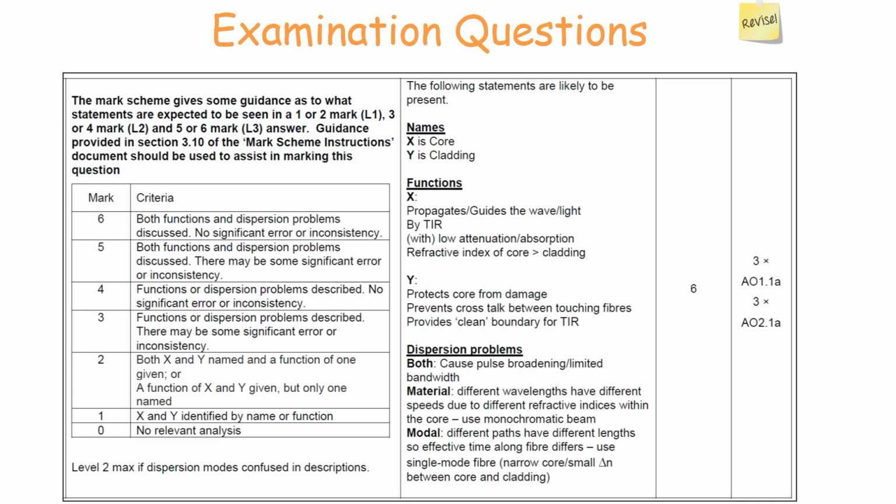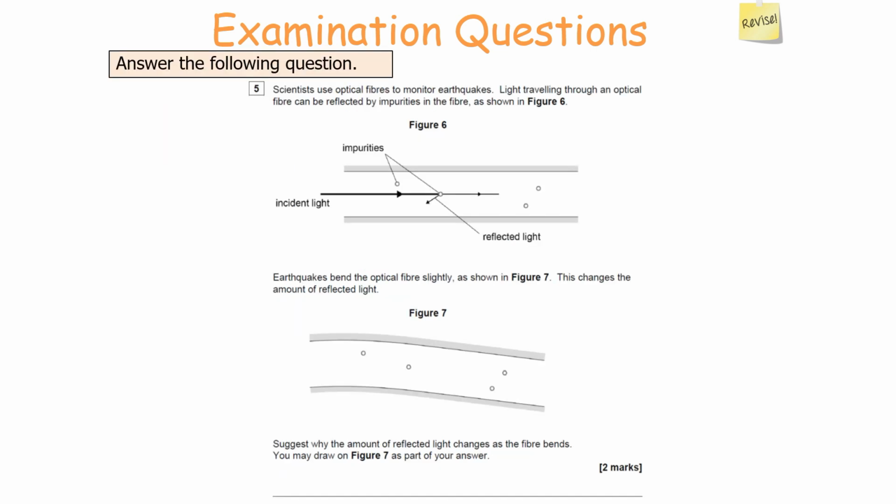So the idea is to only allow a single mode fibre, only allow one possible pathway for the wave to totally internally reflect through. So that can be done by either having a narrow core, having a small refractive index difference between the core and the cladding, which would lead to a high critical angle, which would mean that there's fewer paths that the light could possibly take. Let's have a look at the next question.